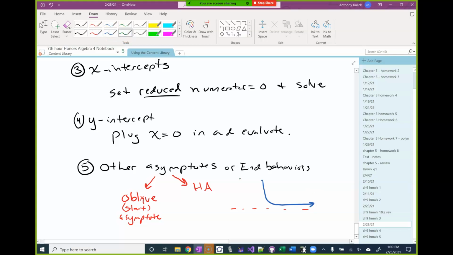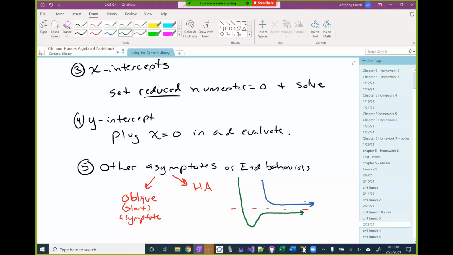Notice that for the green graph, it does cross the dashed red line, but eventually it starts following it as it goes out towards positive or negative infinity, right? So an end behavior is basically the same thing as an asymptote, but you might cross it once or twice in the middle, near the middle of the graph. But eventually, if x gets big enough or small enough, it's going to start following that end behavior. Is that okay with you guys?